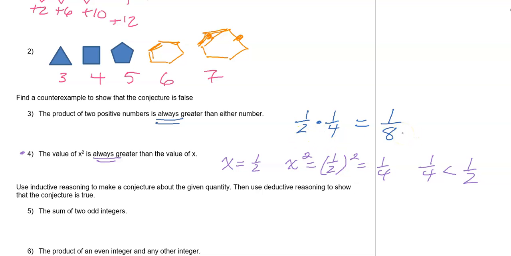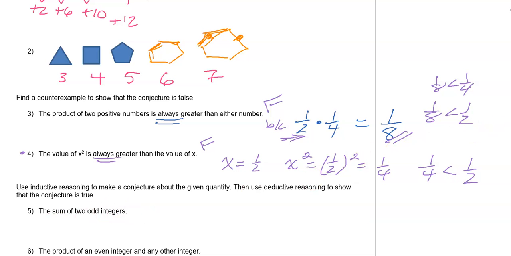I don't need to show 27,000. I need to be able to show one. What if yours is not the same as mine? No problem. As long as yours is true, we are good, okay? So again, 1/8 is less than 1/2, and 1/8 is less than 1/4. So again, false and false because of our counterexamples.